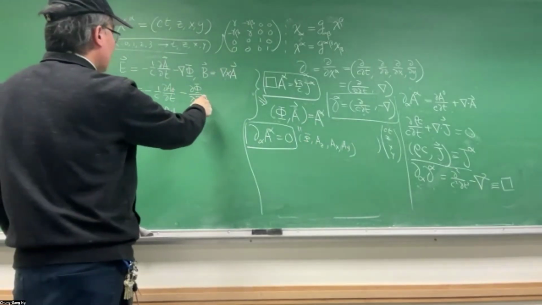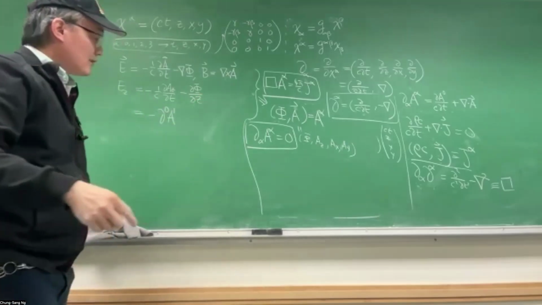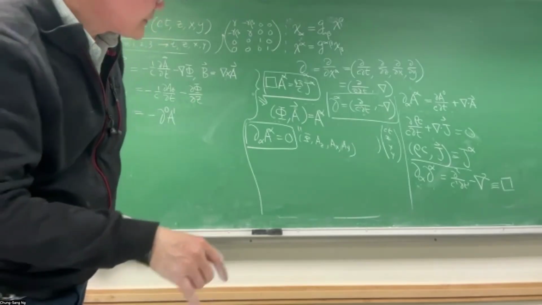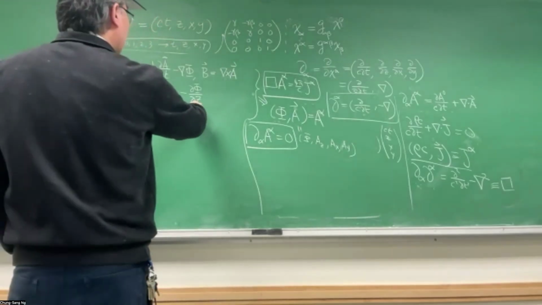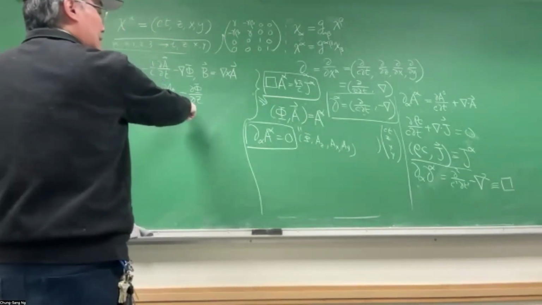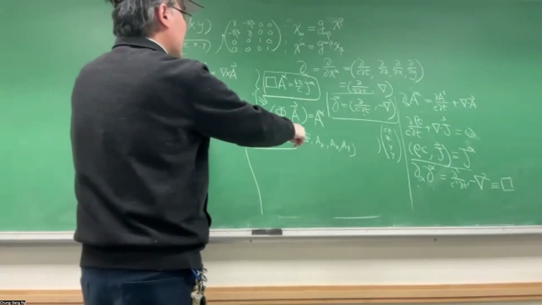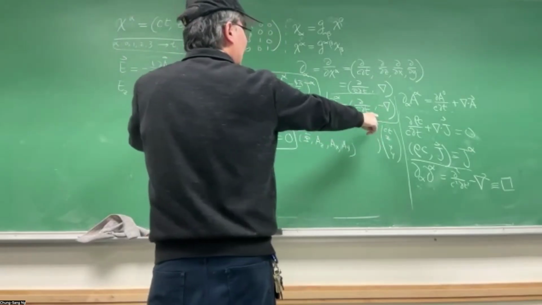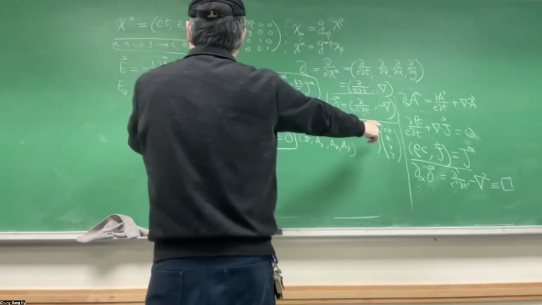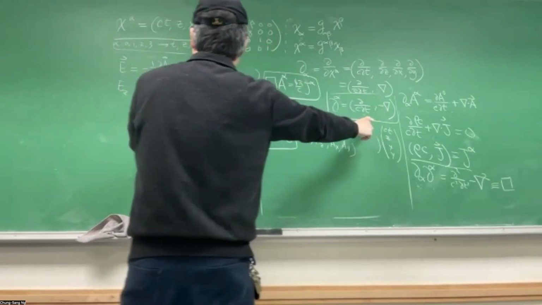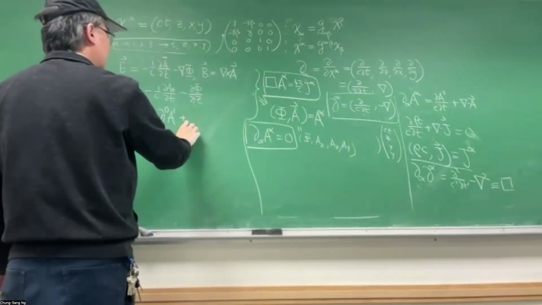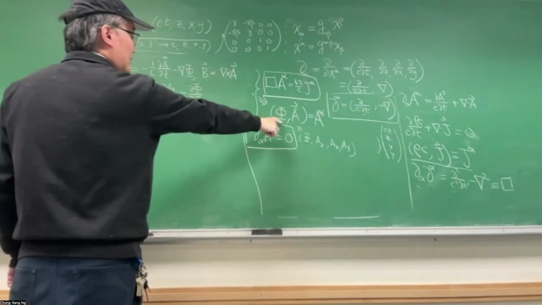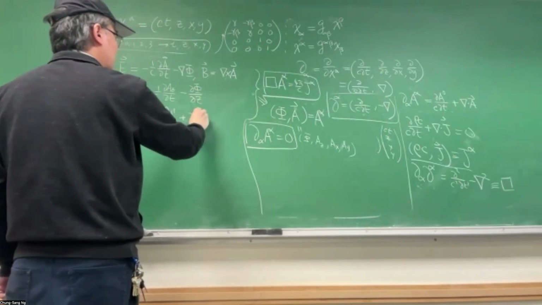And for the phi component, this is minus, there's a minus sign, and this is C, which is the one component. So this is plus partial 1, and phi is the 0 component of this one, A sub 0.